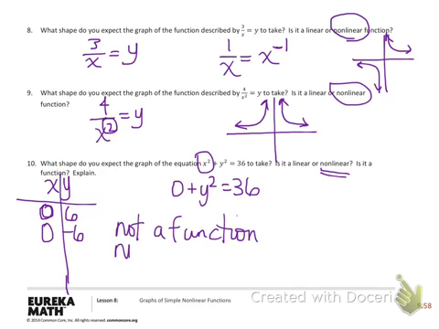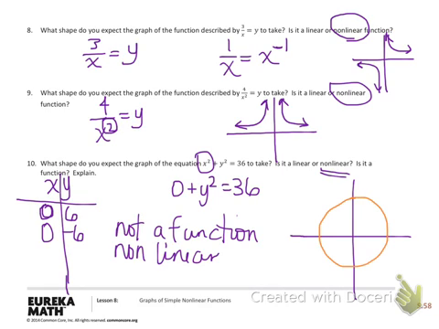And it is nonlinear because of the exponent. And it's a really fun one to show you too. So what this equation is, it's a circle around the origin and the radius is 6. So this is the point where x equals 0 and y equals 6.